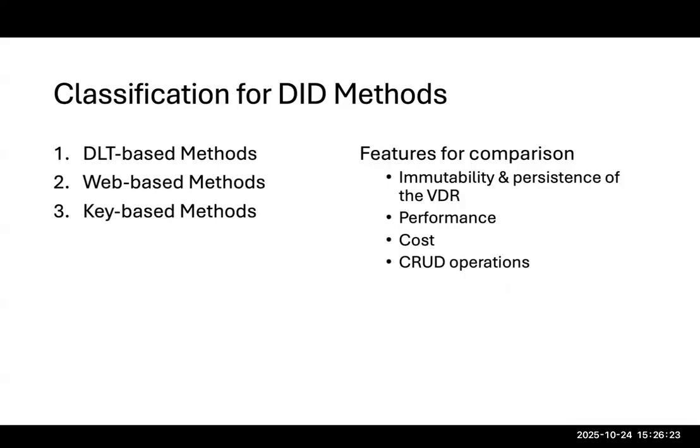The DLT-based methods, so all those methods that use a real DLT as a root of trust; web-based methods, so methods that use the web infrastructure for the VDR; and key-based methods, that are those methods for static keys.